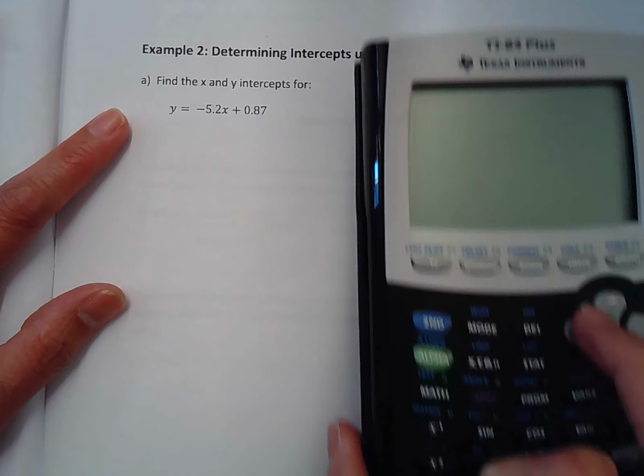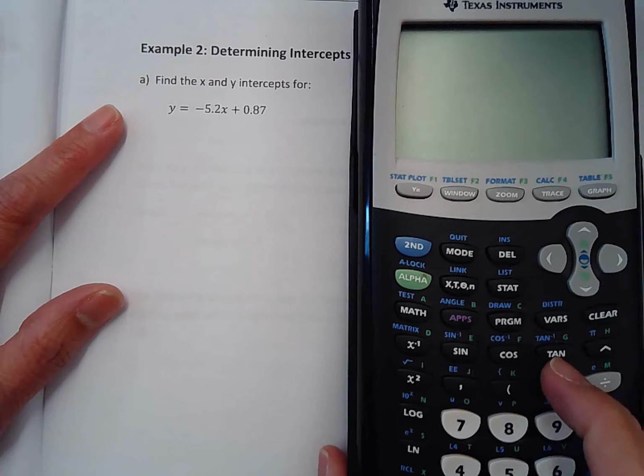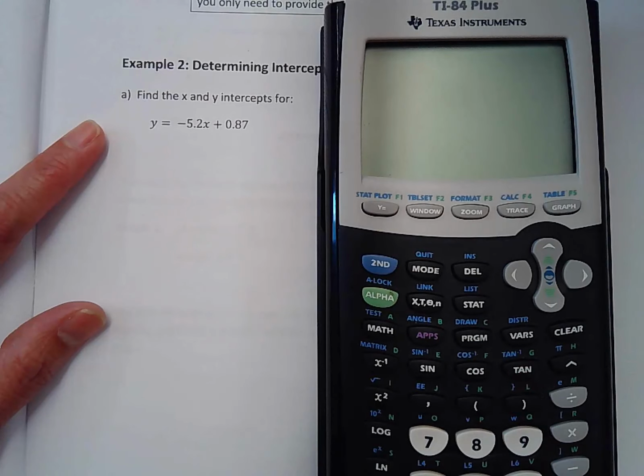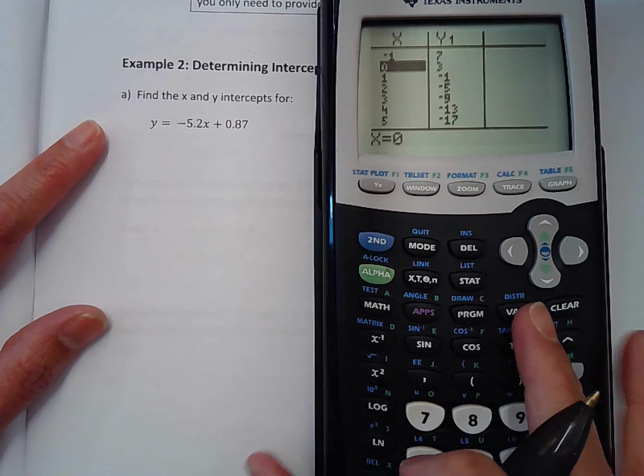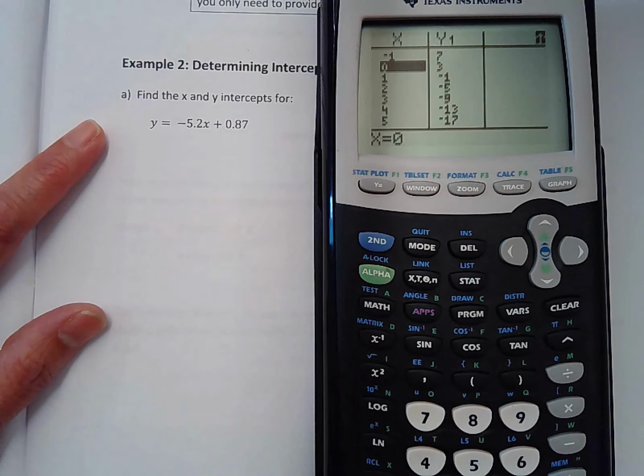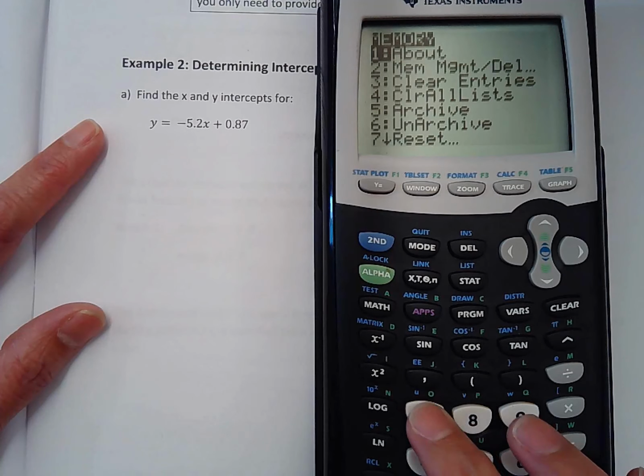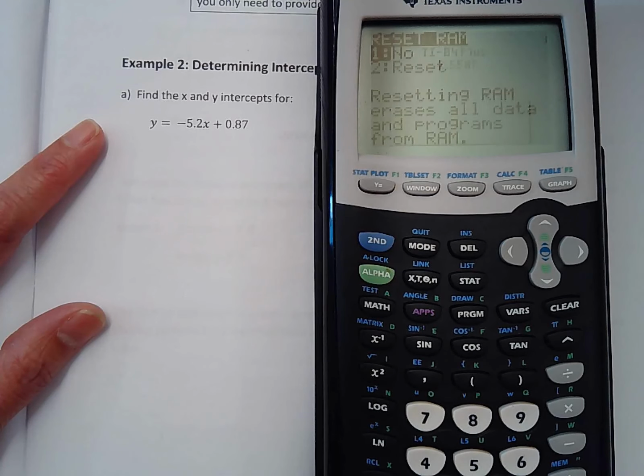Okay, so first reset our calculator because we don't know who used it. Everybody remember how to reset? Okay, let's go ahead and reset.